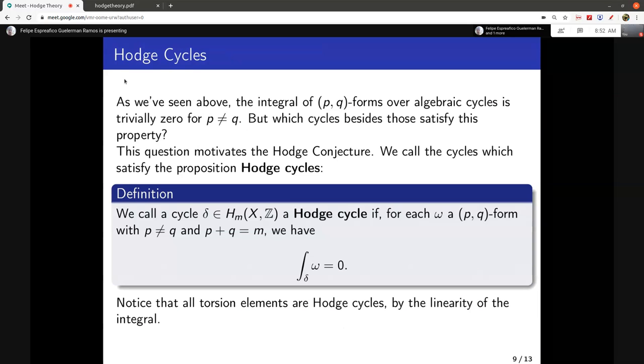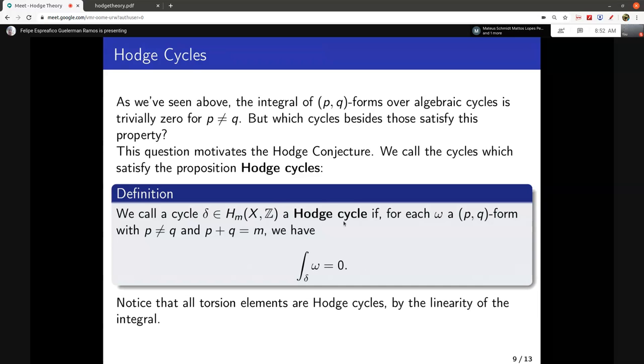So now we can define Hodge cycles, which are just the cycles that satisfy the proposition. So for every omega (p,q) form, we have the integral being 0. So those are Hodge cycles.